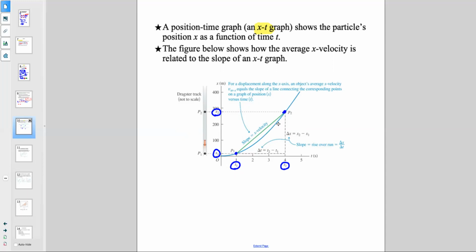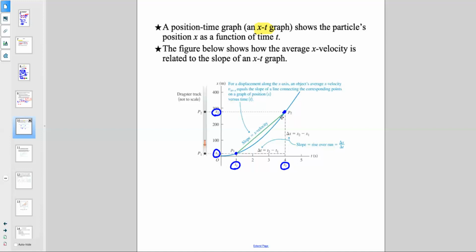If you draw a straight line from P1 to P2 in an xt graph, in a position versus time graph, and you find the slope of this straight line, then you have found the average velocity between these 2 points.